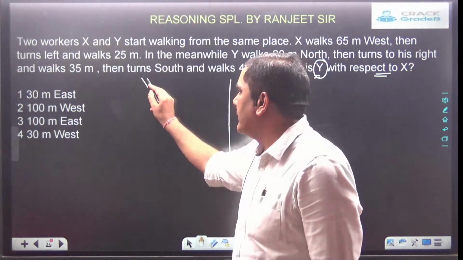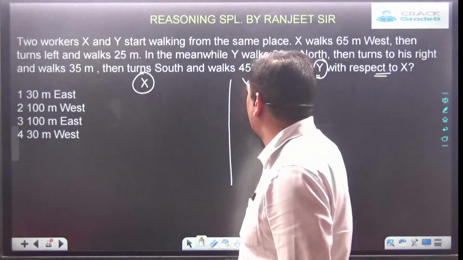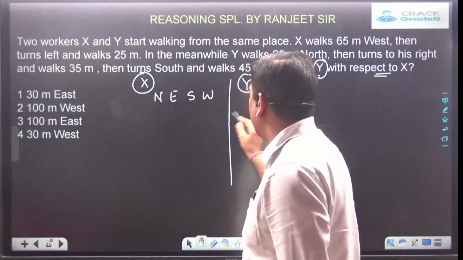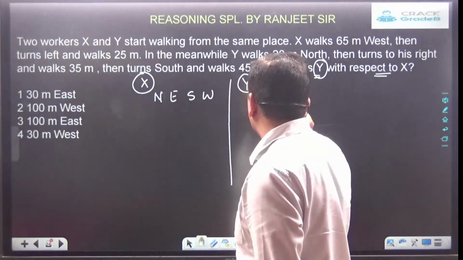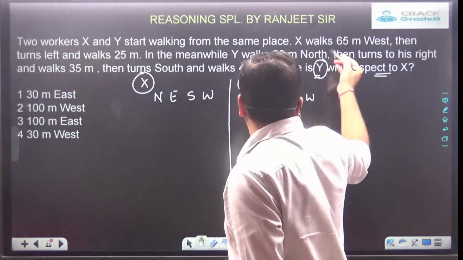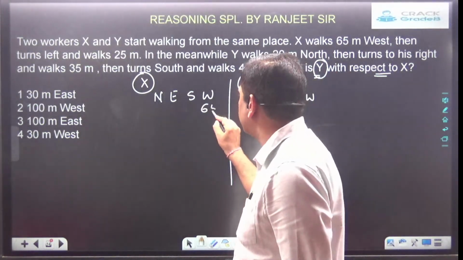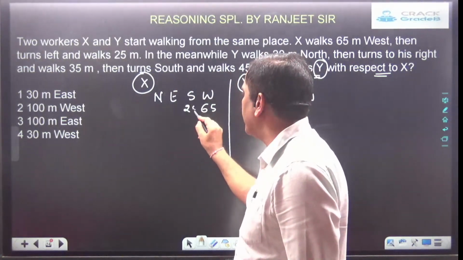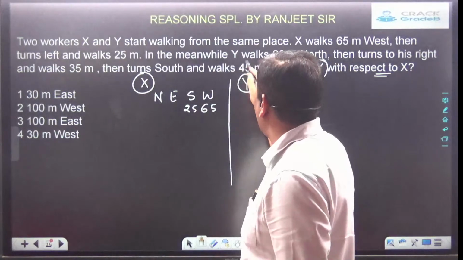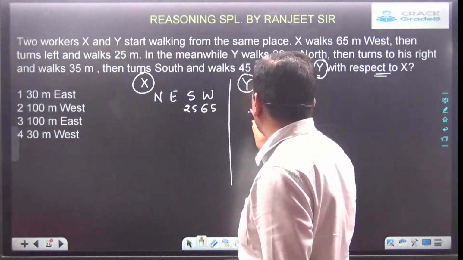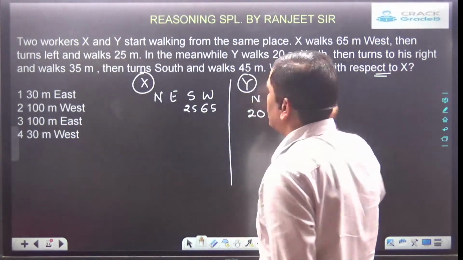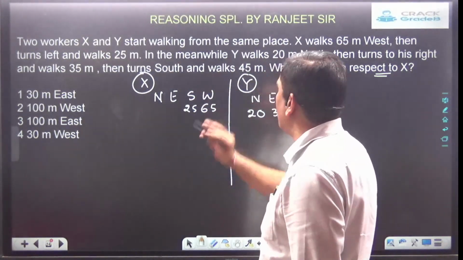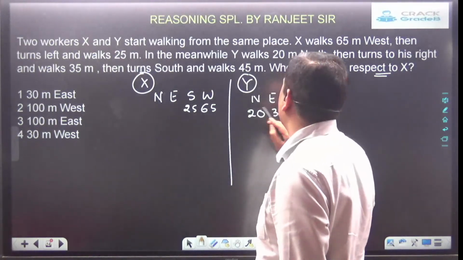So this is for X and this is for Y, NESW for X and NESW for Y. Now X walks 65 meter west, then turns left and goes for 25 meter. Y walks 20 meter north, then turns to his right and walks for 35 meter, then turns south and walks for 45 meter.